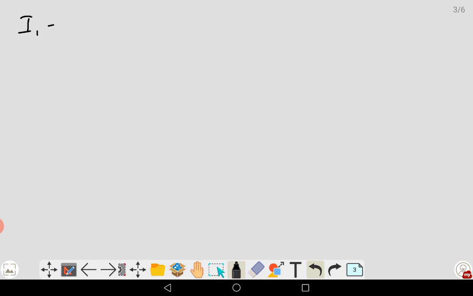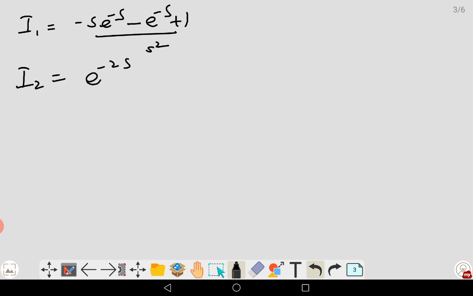Integration 1, what we have done here is minus s into e power minus s, minus e power minus s, plus 1 over s square. In integration 2, the second part, when you do it, you will end up with e raised to minus 2s plus s into e power minus s, minus e power minus s, over s square.